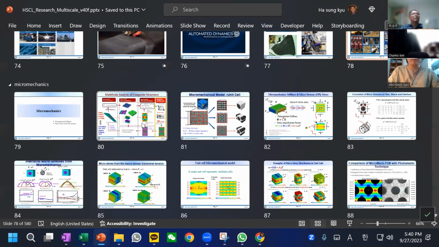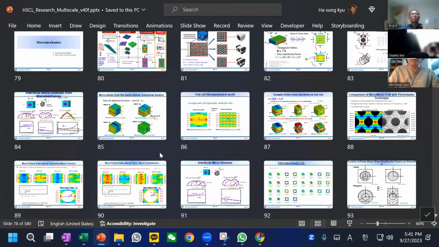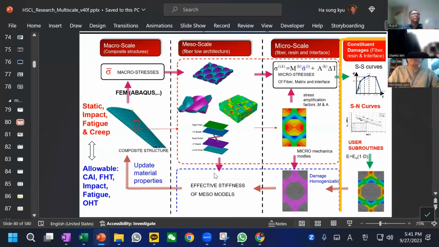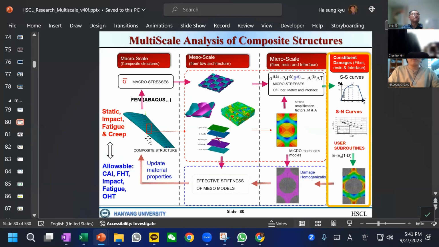Okay, so this is about the same, but I like to do a little bit different view, but it's the same concept. As you can see, structures.